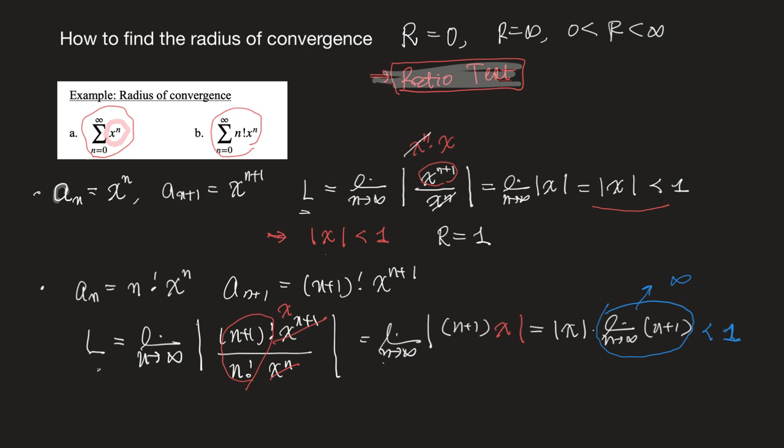The only option is that the only x value is 0. So there's only one point that makes this series converge. So the radius of convergence is 0, because there is only a single point that makes this series converge.